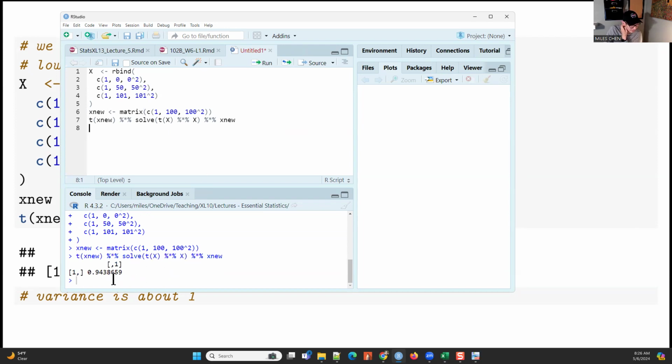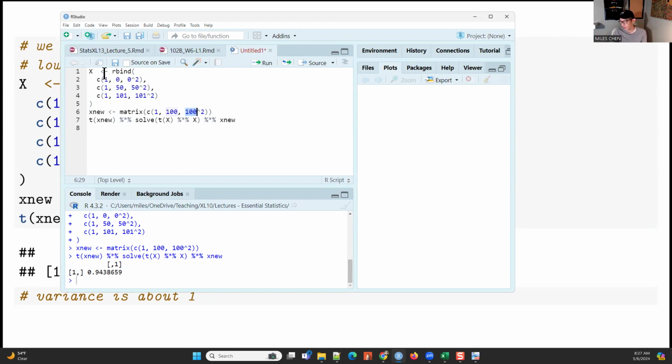We get variance on the order of actually less than 1, 0.94, okay? Because here the value I'm observing at 100 is in between. I've got 0, 50, 101.